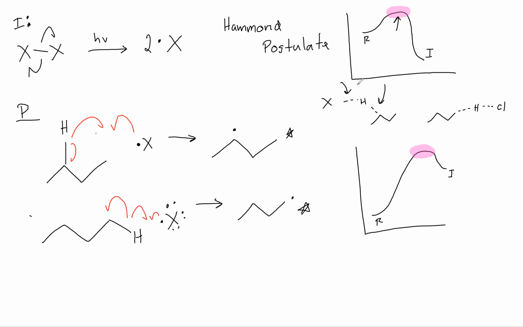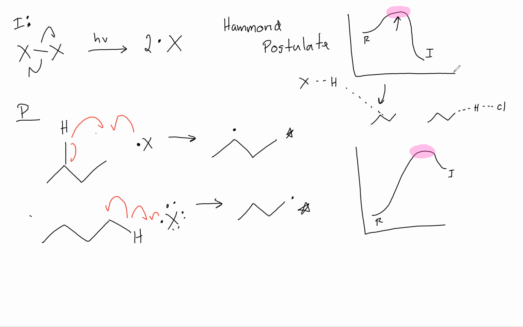So if it's closer to the reactants than the products, then this bond with the X is going to be way longer and it's going to be less stable. However, if we are closer to the intermediate, then this bond here is going to be way less than this bond right here. Is everybody with me so far? This is kind of an abstract thought process, and I don't want to lose anybody.